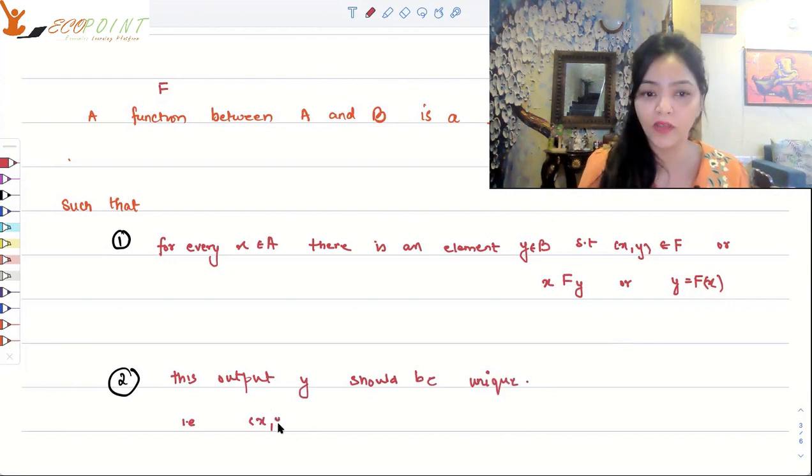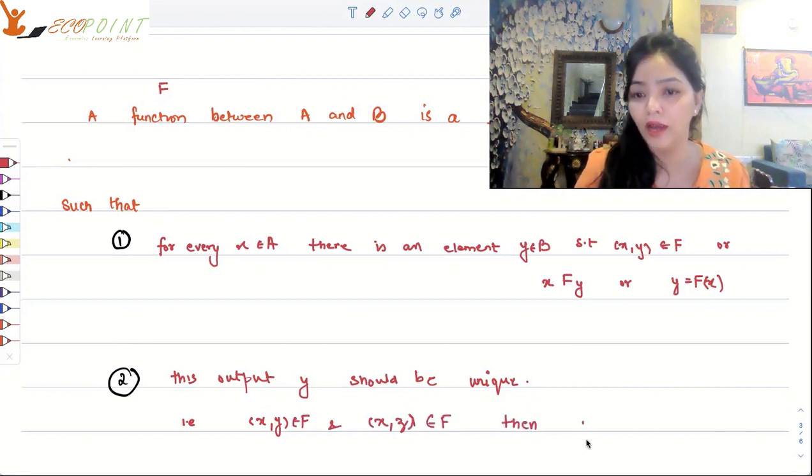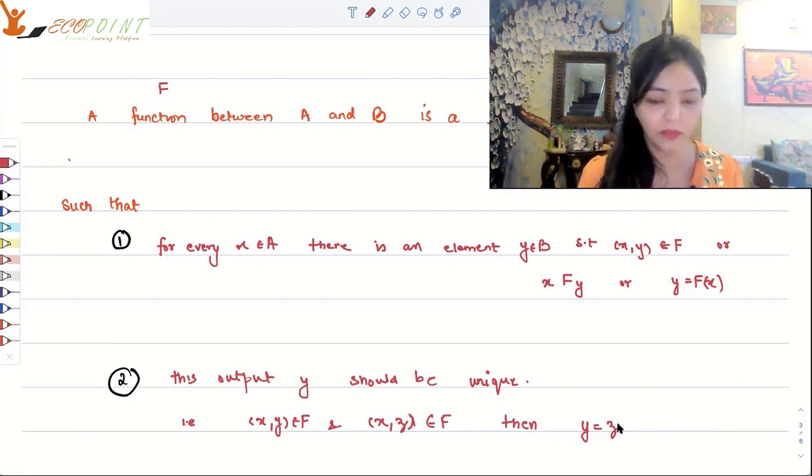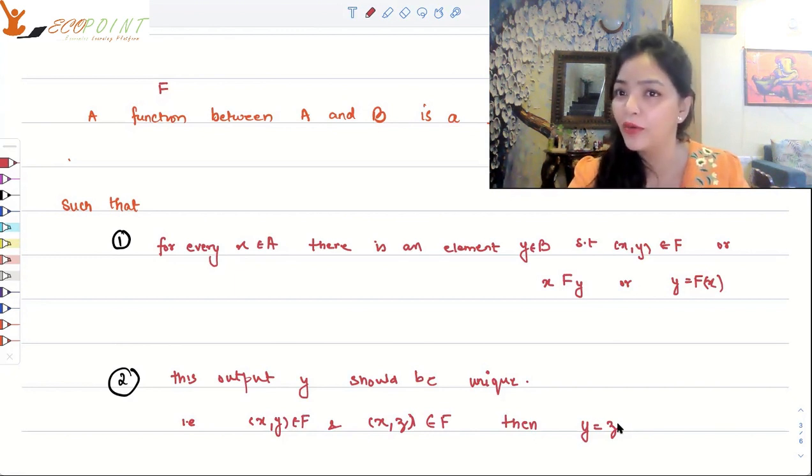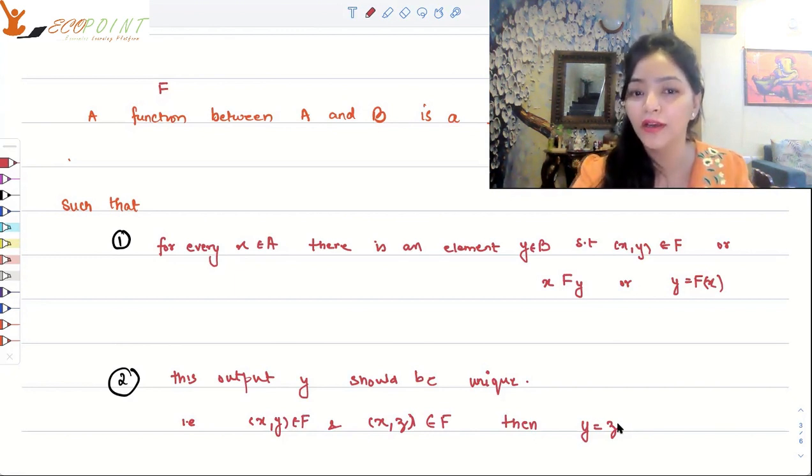That is, if X comma Y belongs to F and X comma Z belongs to F, then Y and Z have to be the same. You cannot have two outputs coming out of the same input. That's extremely important, and this is how a relation differs from a function.